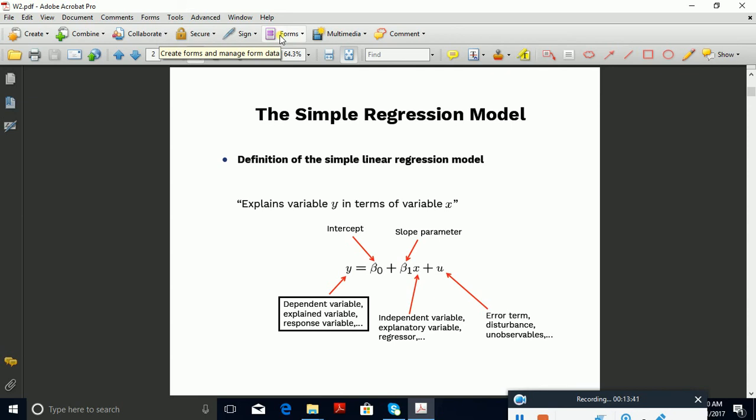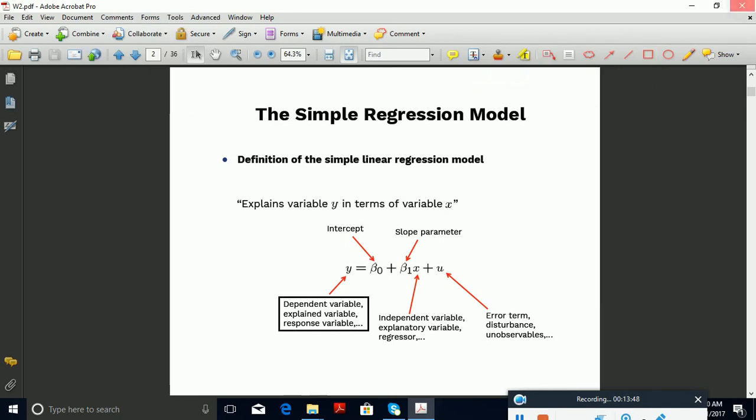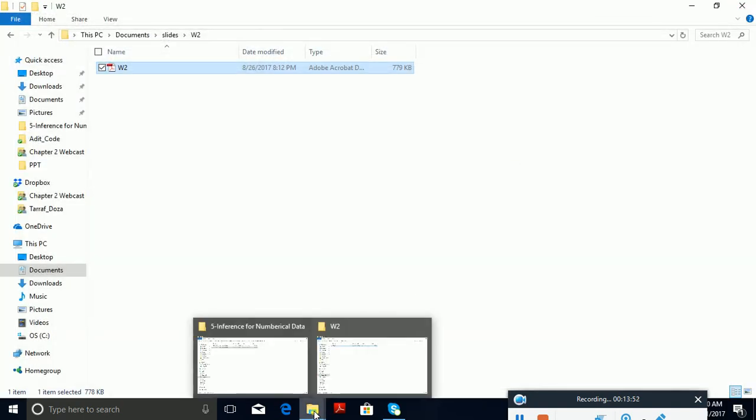So the simple regression model. On slide 2, it's similar to slide 7 of chapter 1. Actually, let me find the PowerPoint PPT, it's easier to discuss from there.